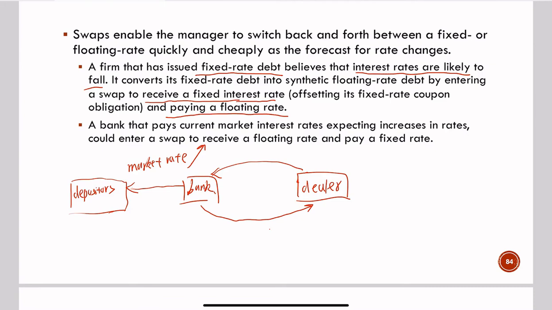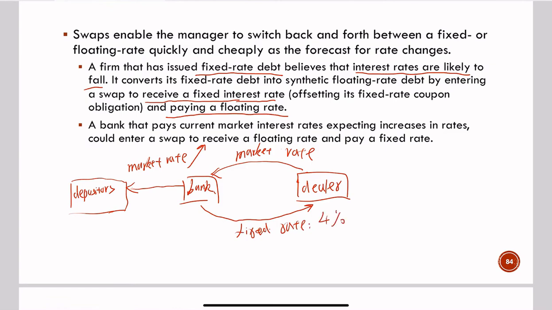Now, what the bank can do is it could enter a swap agreement with the dealer. In this time, it will receive the market rate. And it will pay the fixed rate. So let's say the fixed rate now is 4%.